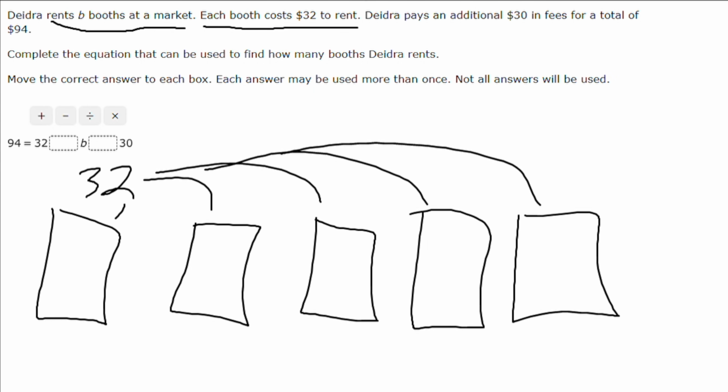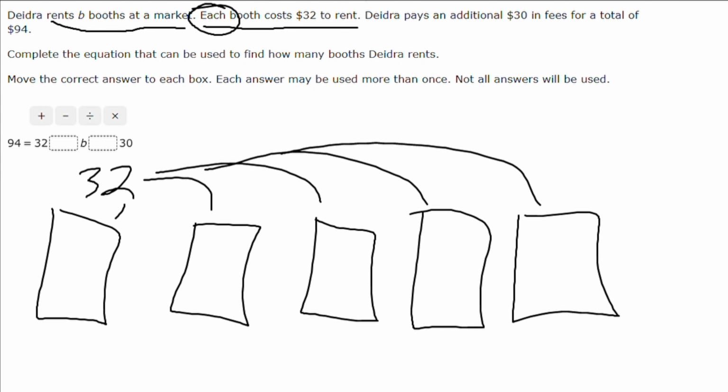All right, so what type of math function are we using in this sense? Well, if I want to find the total number that all these booths are going to cost Deidre to rent, I can maybe add 32 5 times, right? But I see a special word in the question, each.